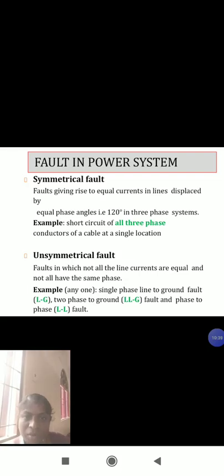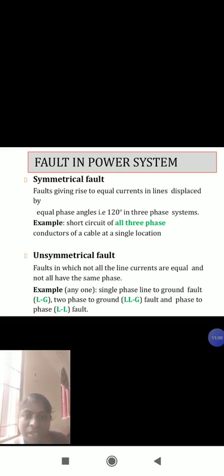We know a fault is nothing but an abnormal condition occurring in the electrical system or power system. Majorly we can classify faults into two types: one is the symmetrical fault and the other is the unsymmetrical fault.